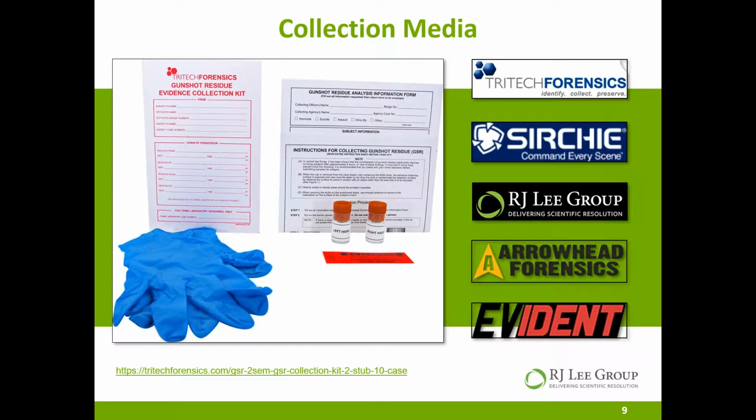And RJ Lee Group will analyze all of these kits. We don't discriminate against any kit. It doesn't have to be an RJ Lee Group kit for us to analyze it. So just something to keep in mind there.